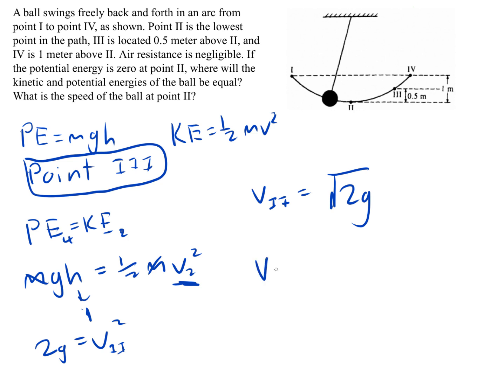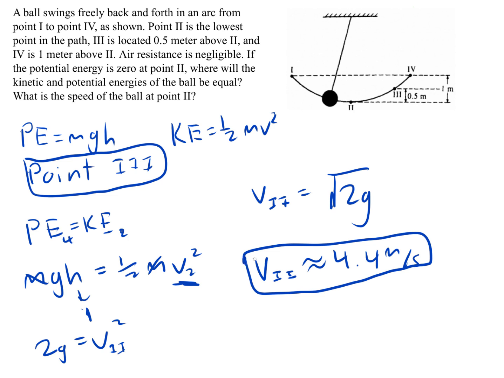So if you solve this, then you'll get that the velocity at point 2 is about 4.4 meters per second. And that is the solution to the second part of the problem. And this is how you would solve this problem.